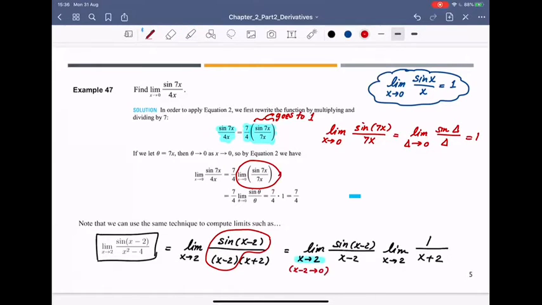So sine of (x minus 2) over (x minus 2) is 1, because you know that is 1 from the little theorem that we just did on the previous slide. And the remaining term is 1/4. This is going to be a quarter as your answer.